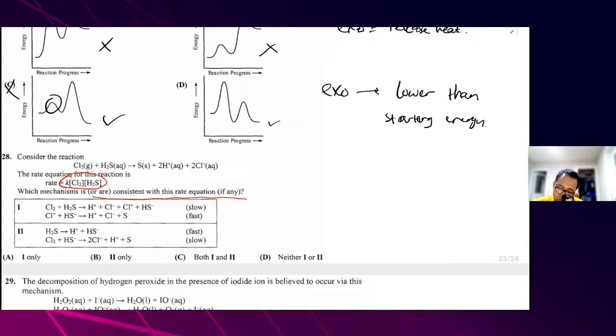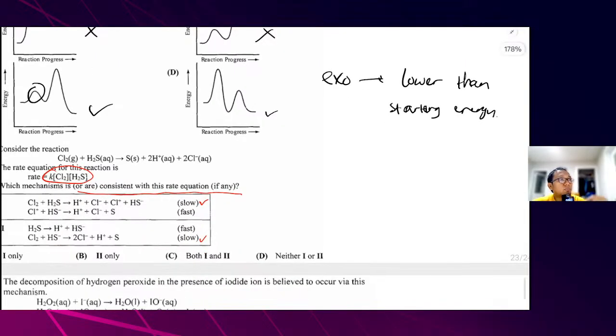We just care about the slow one. So put 1 and 2 probably.